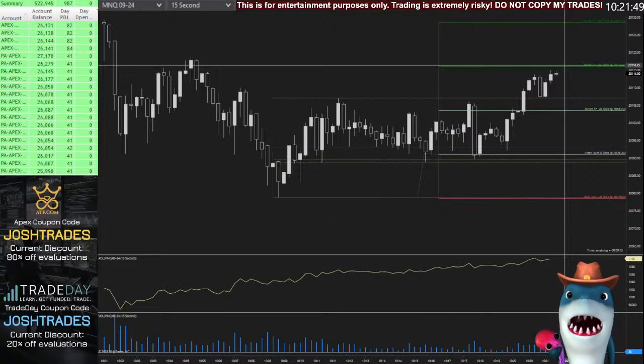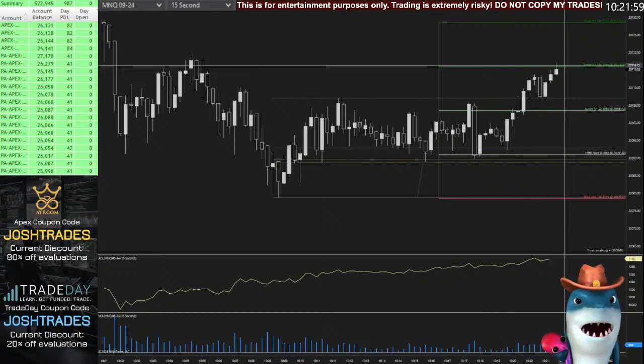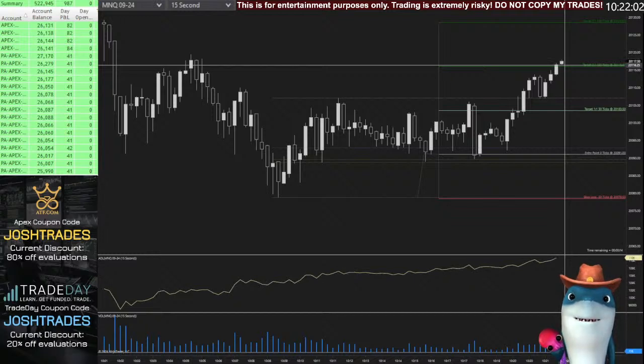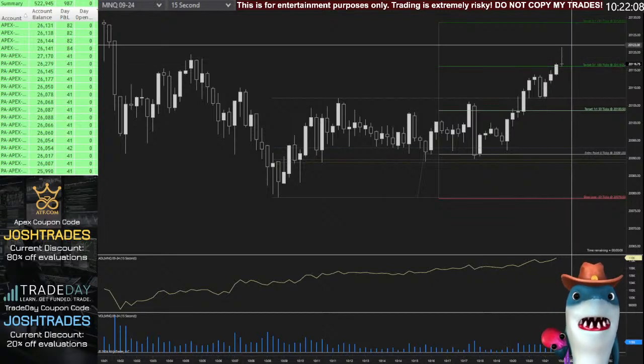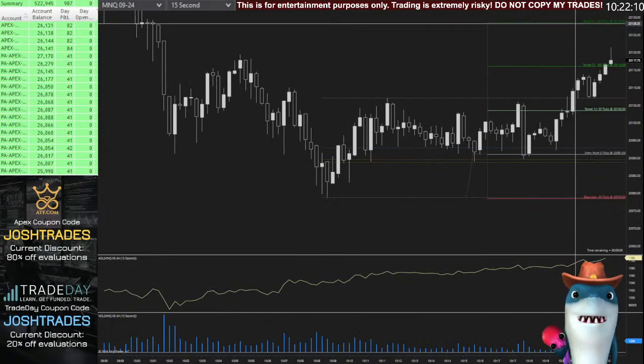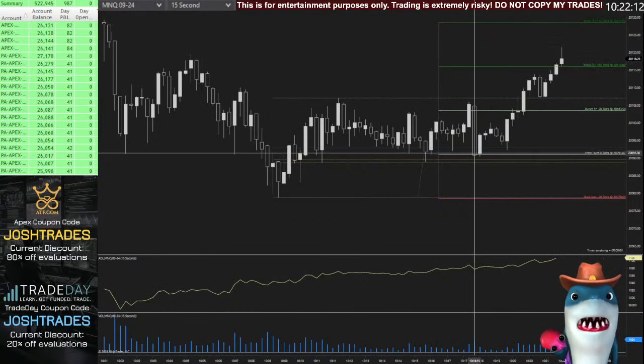So I'm totally fine sizing down to micros and just winning $40 per account, because in total it adds up to a lot, right? And wow, yeah, look, even this 2-to-1 got hit. This 3-to-1 is probably going to get hit too at this rate.